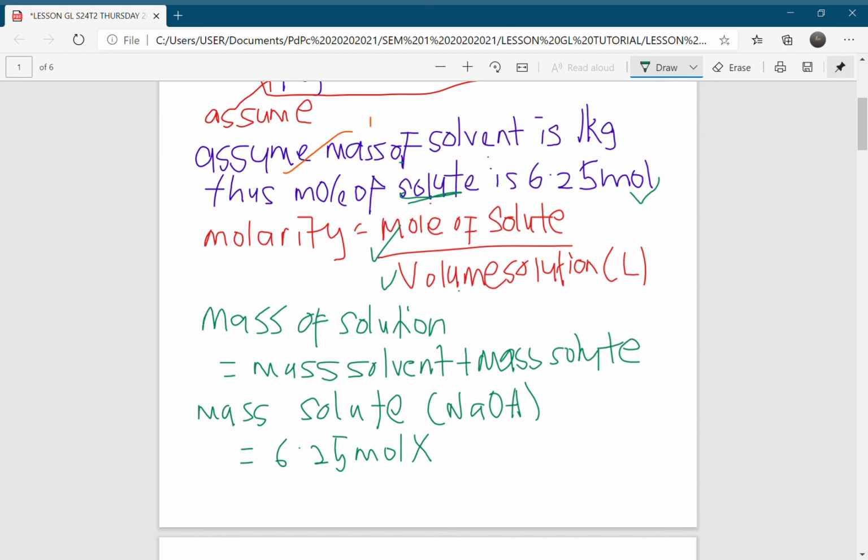The relative atomic masses give 23 plus 16 plus 1 gram per mole. So you can find that the mass of solute is equal to 250 gram.